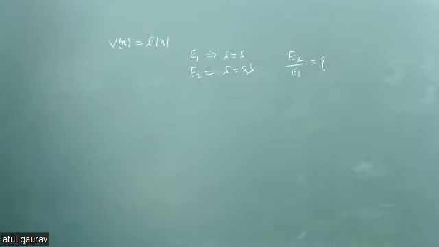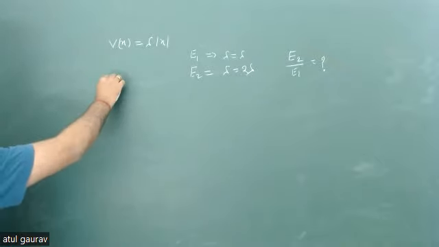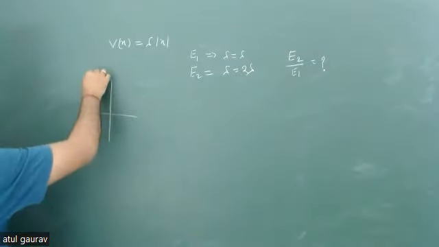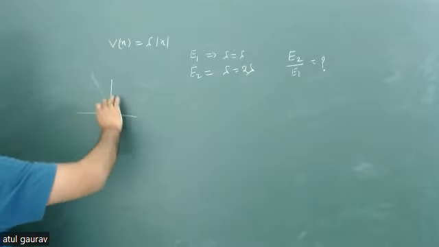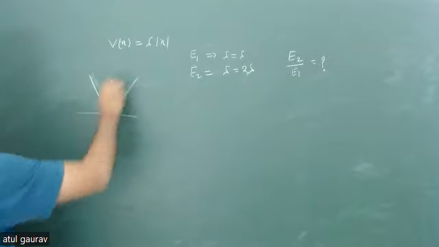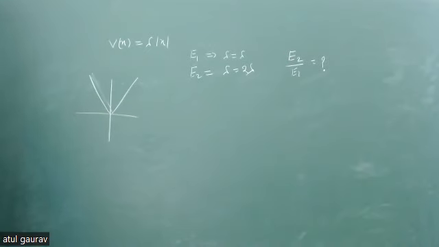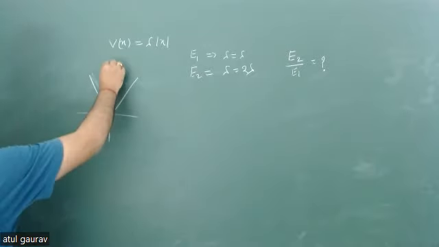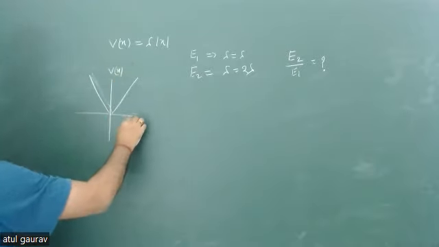So here you have to work with the lambda actually, isn't it? So which type of problem is there? This is your potential, है ना? This is your smooth potential, isn't it? And this is your Vx versus x.